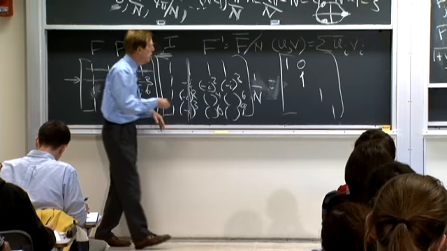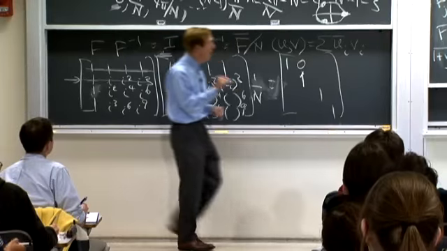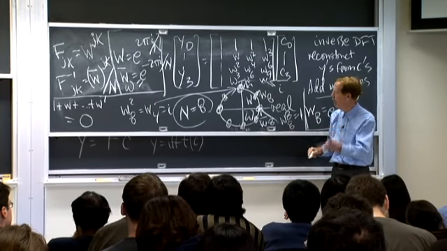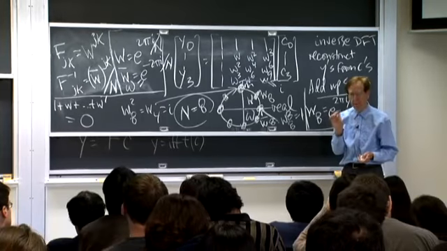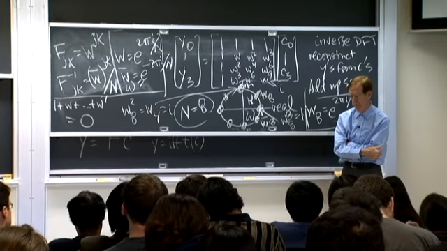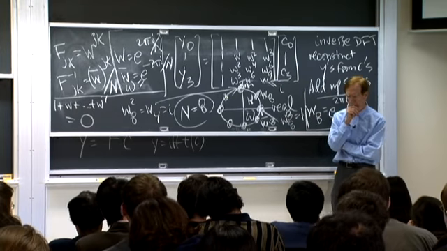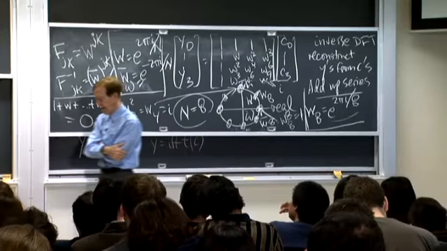Let me just say it this way. The columns of the Fourier matrix, those four columns, are orthogonal. In other words, we have an orthogonal basis. I almost missed saying that.